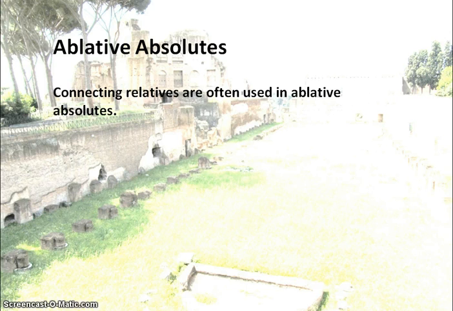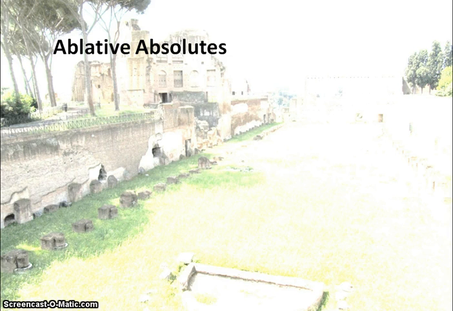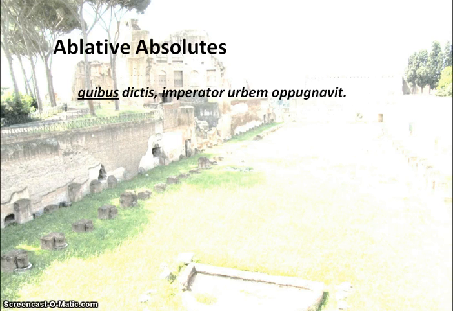Now, connecting relatives are often also used in ablative absolutes. So for example, we have quibus dictis imperator urbem oppugnavit. So dictis is our participle and quibus is the pronoun that's in the ablative. Now, quibus is going to be here referring to something that has happened in the previous sentence, perhaps a previous noun, or maybe even the sentence entirely.